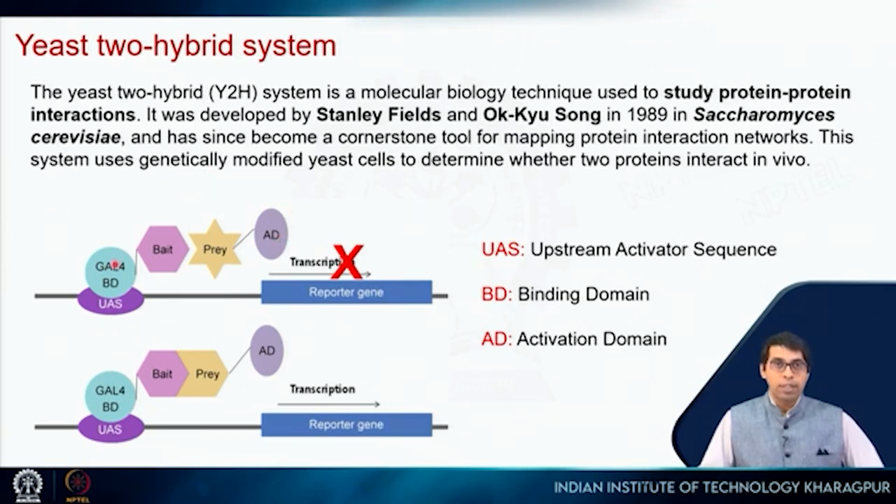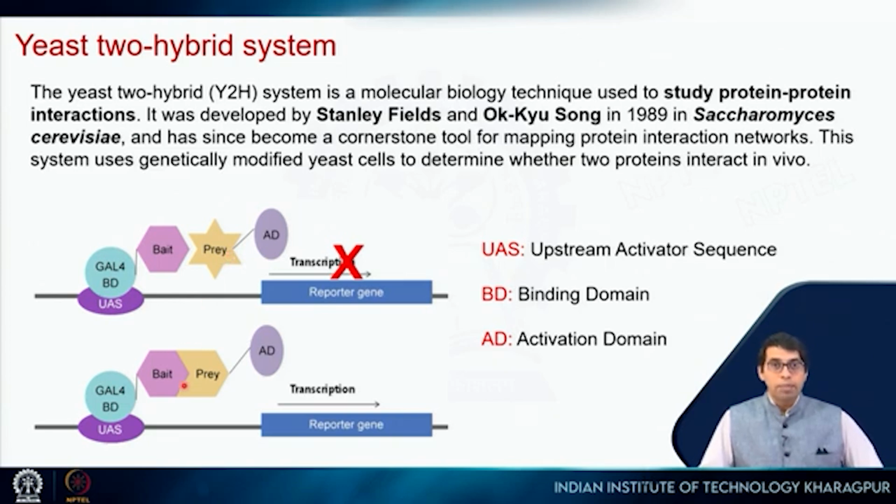So what was done is that they have been separated, and now using recombinant DNA technology, you want to study the interaction between this protein which is called the bait and this protein which is called the prey. So you want to screen whether these two proteins interact with each other or not. So you genetically fuse these two genes together and fuse these two genes together, and then you express them.